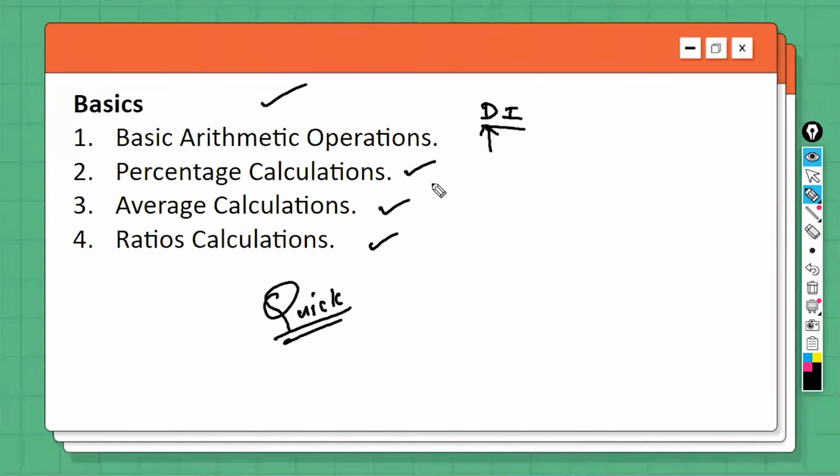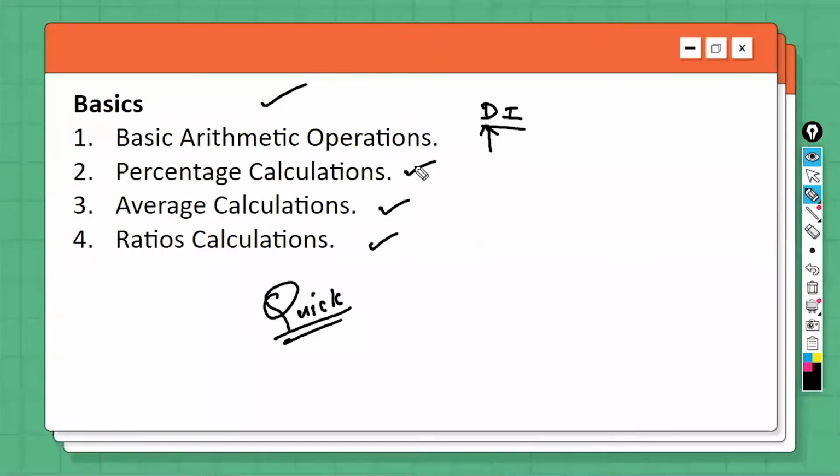This percentage calculation part, average part, ratios part, all these things we will be sharing as videos on our YouTube channel slowly, so that you can learn and practice sufficient problems, understand things and get your calculations faster.